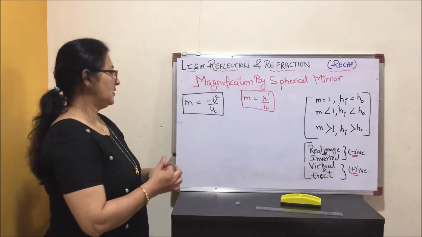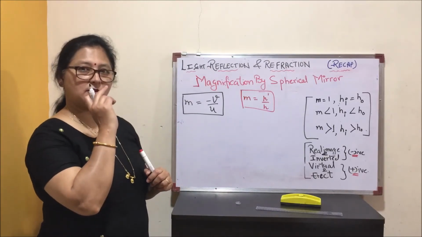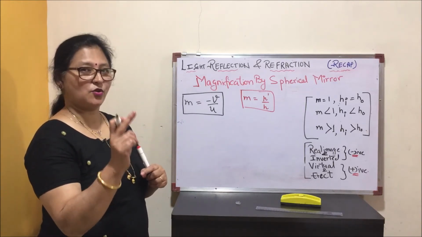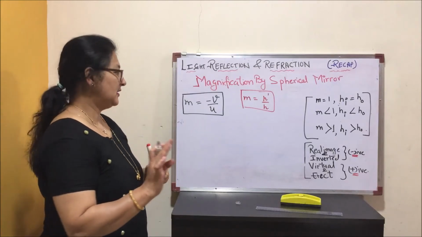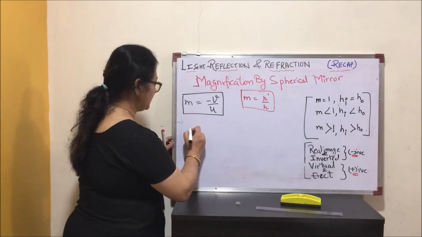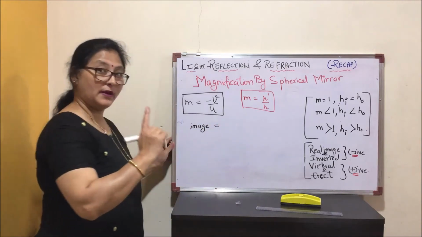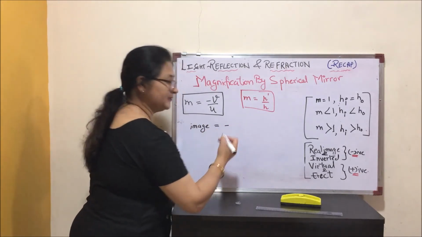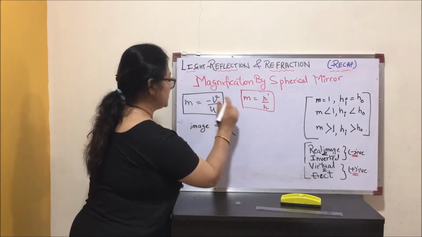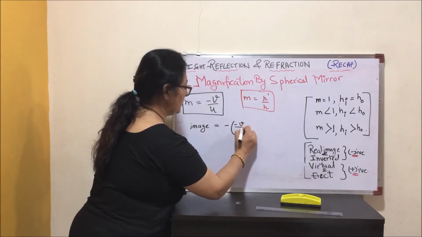Okay, so if the real image is negative, then why is it negative? Let us prove that. So let's take a case where the image is formed in front of the mirror. So this is the case of a concave mirror, right? The image is formed in front of the mirror. Because it is formed in front of the mirror, the image distance should be negative, minus v, right?